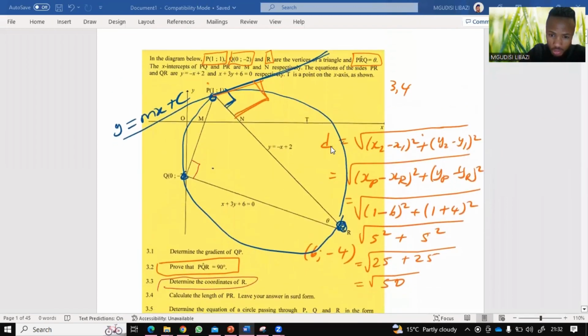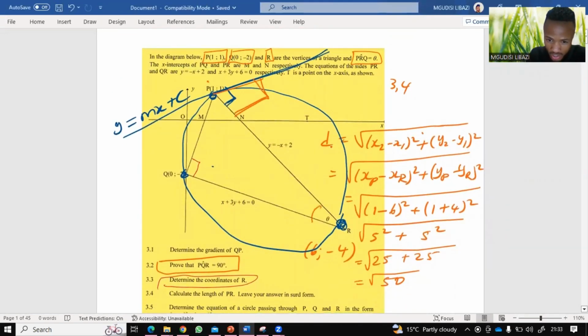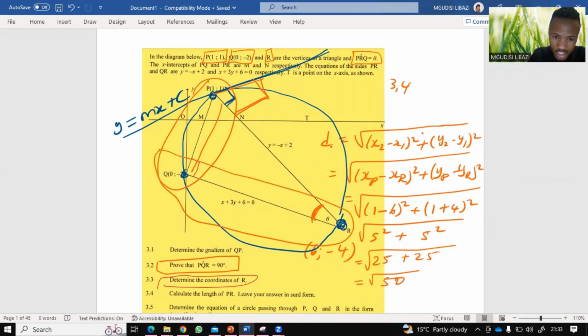That angle theta is this angle here, angle in R. So we can find that distance PQ, and then find that distance QR. And after getting those distances, since we know that this is a right angle triangle, we can use tangent to find the angle there.